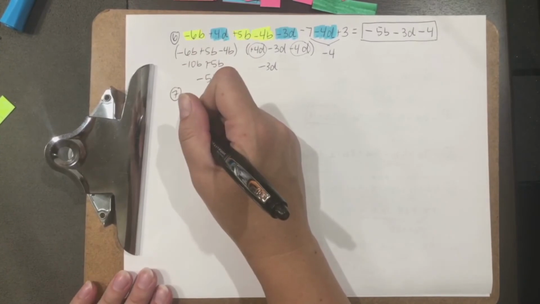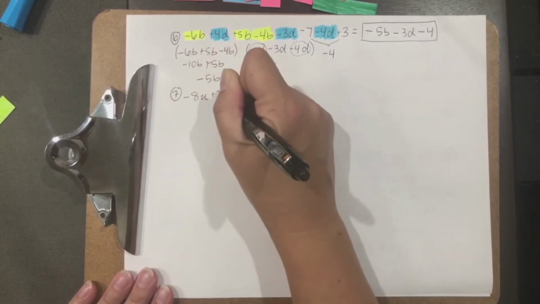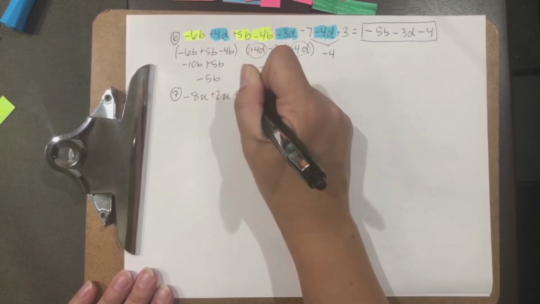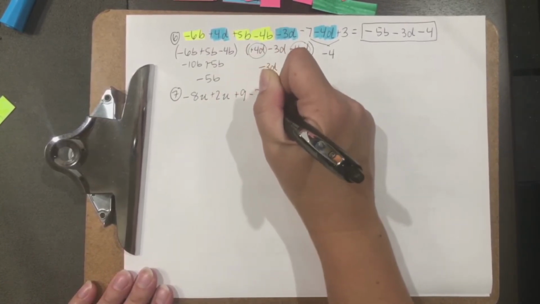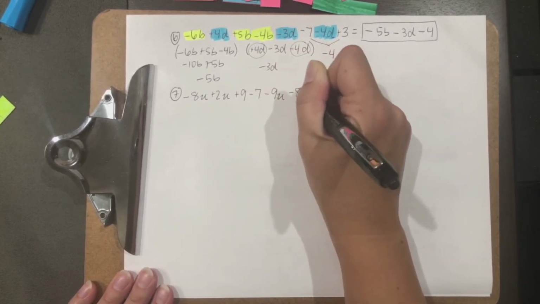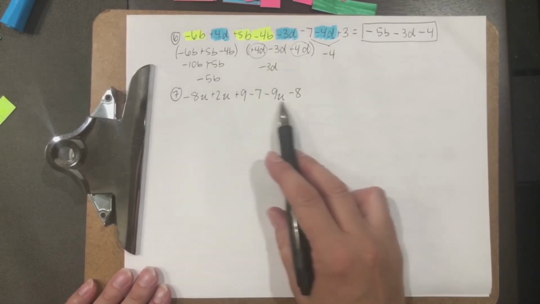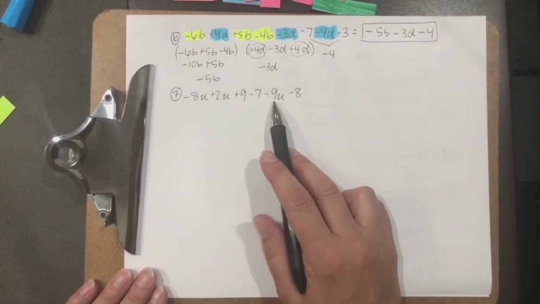Number 7, negative 8U plus 2U plus 9 minus 7 minus 9U minus 8. So be careful, this is one of those problems that is testing you.